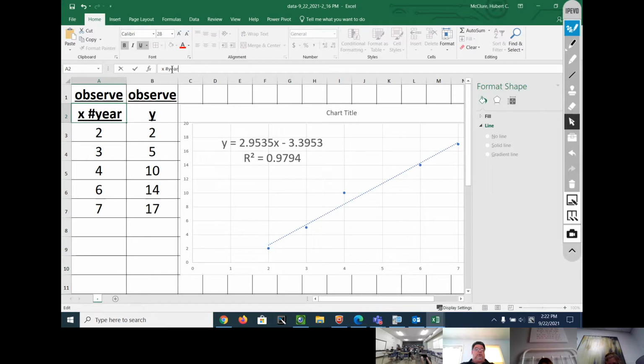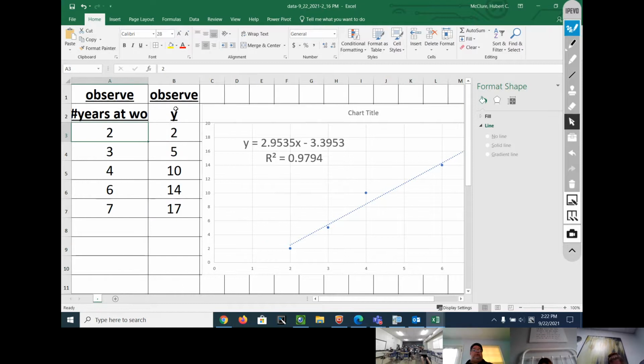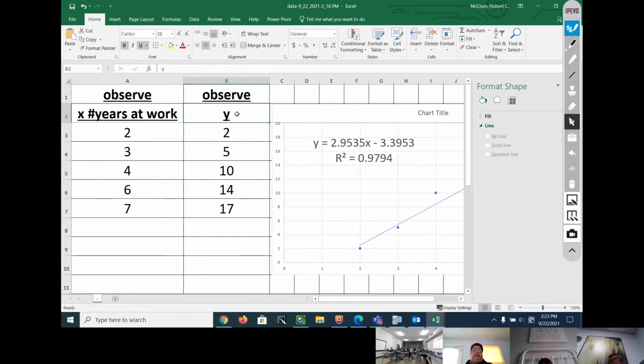Number of years at work. And let's say that the Y is equal to the amount of money put in an IRA.